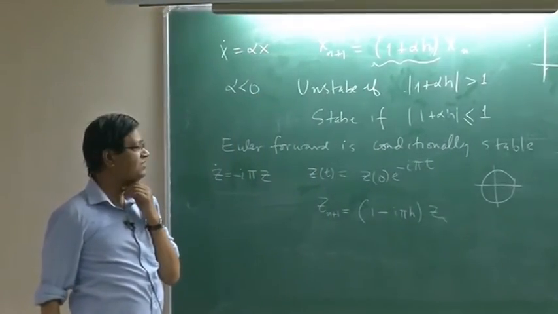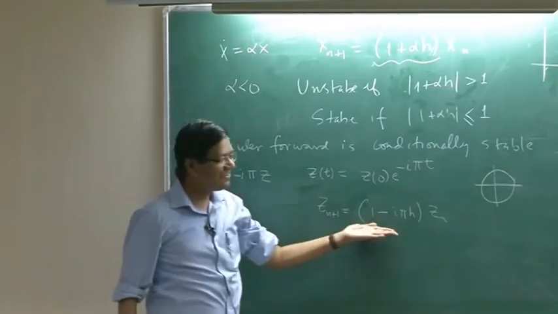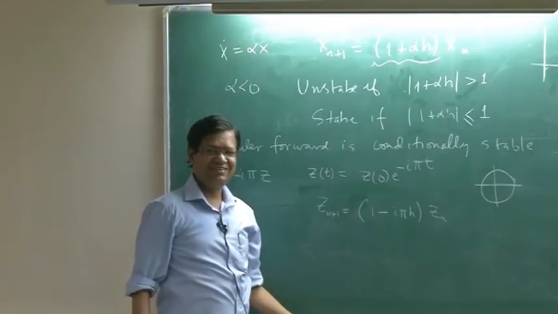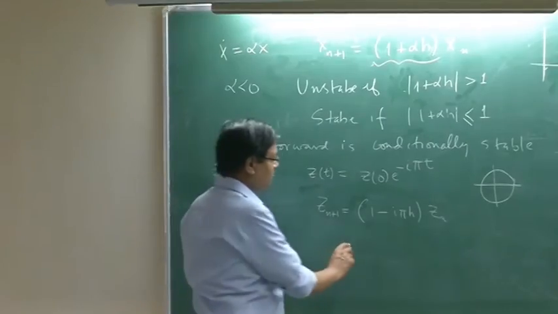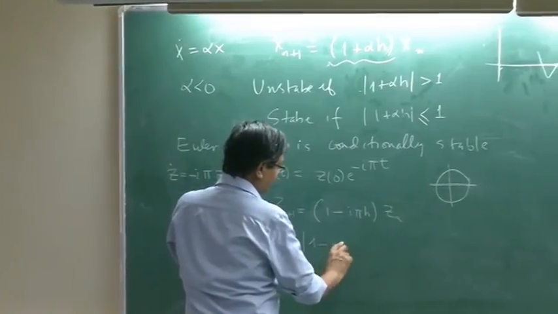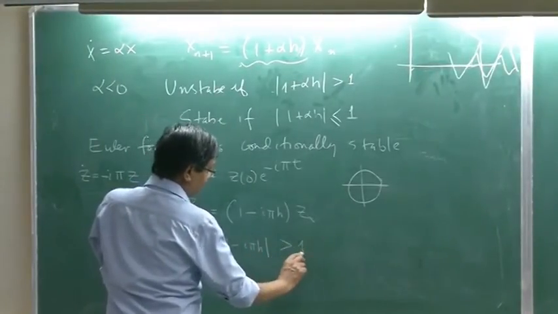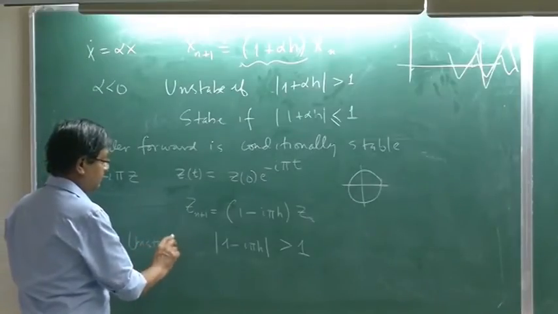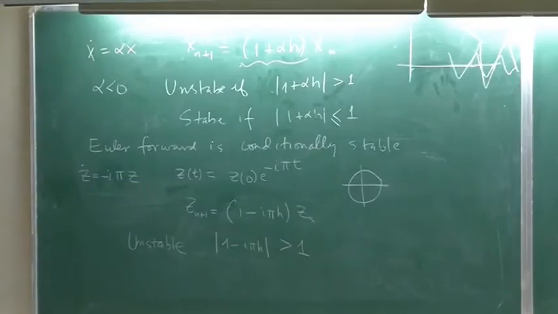So now what is the condition for stability? Now this is a complex number, so I can't simply say plus or minus. You have to put the complex mod. So I have mod of 1 minus I pi h. If greater than 1, it is unstable. So, is this quantity always greater than 1?